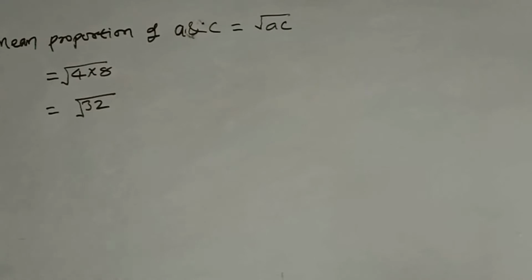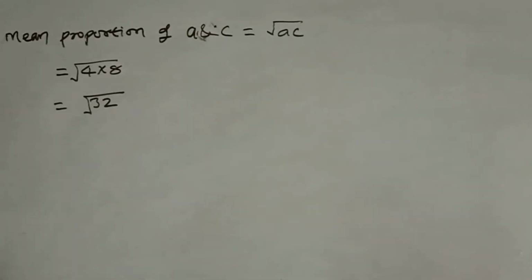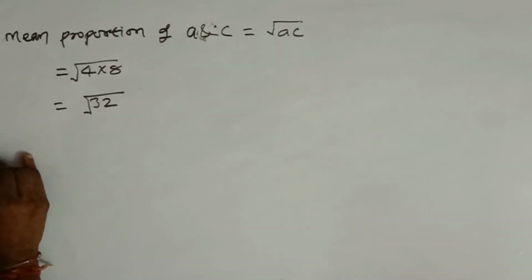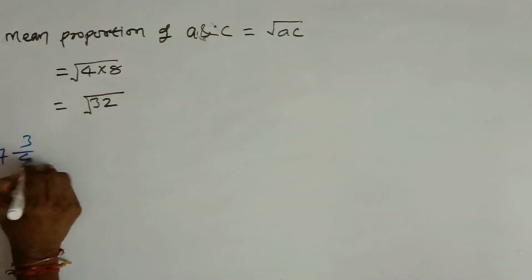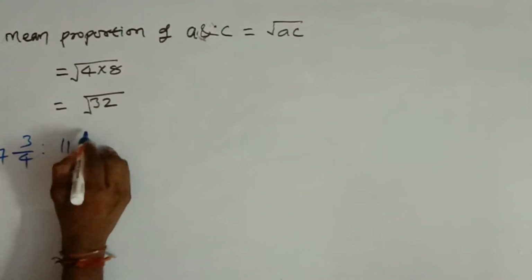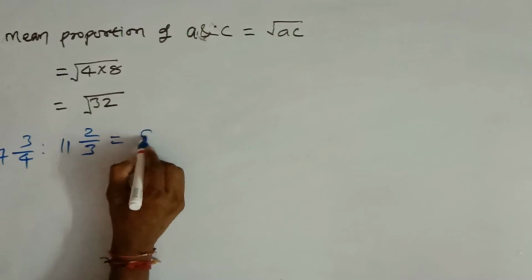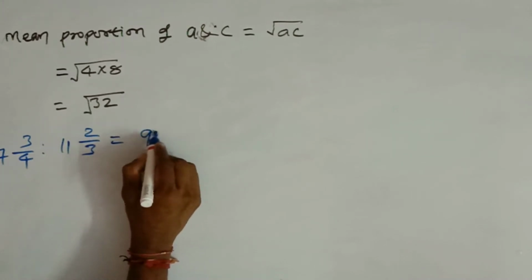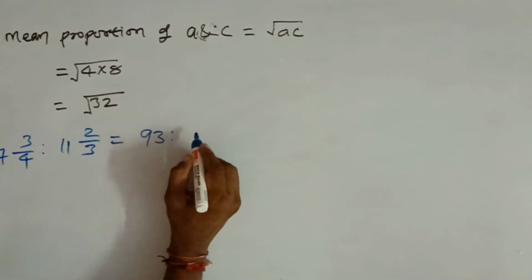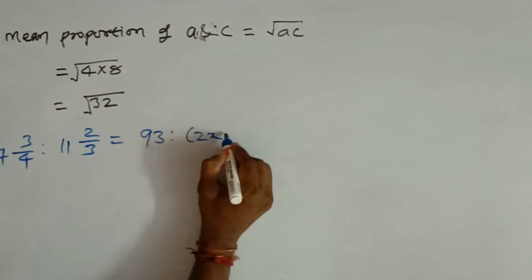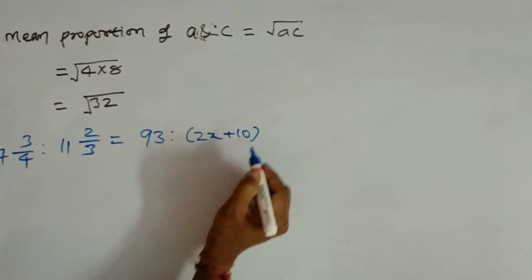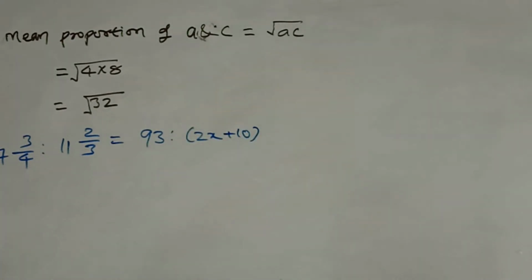Okay. Now the 17th question. If 7 3 by 4 is to 11 2 by 3 is equal to 93 is to 2x plus 10, then what is the value of x?